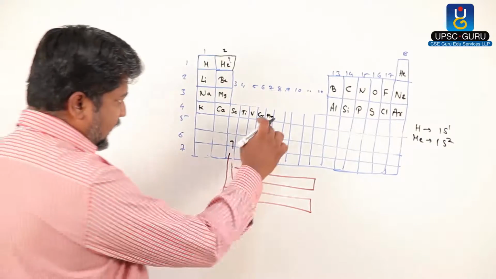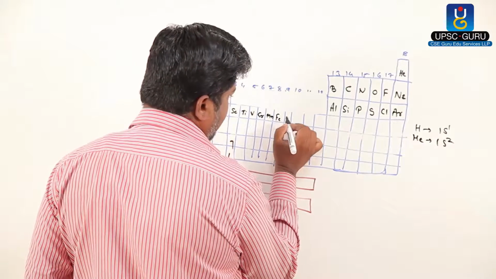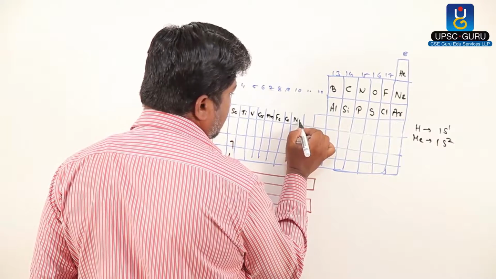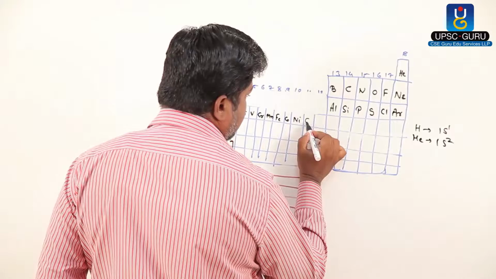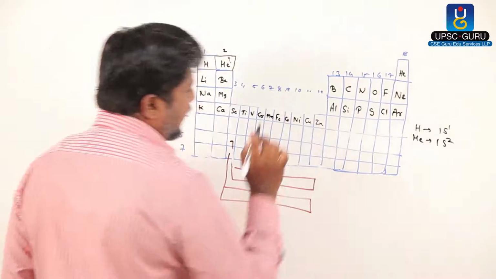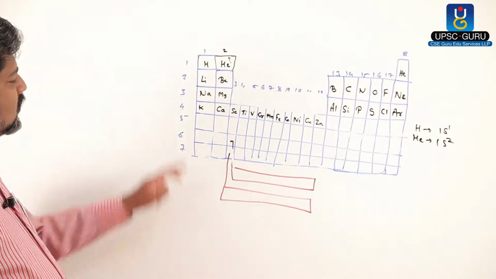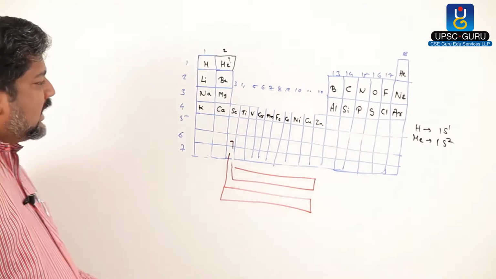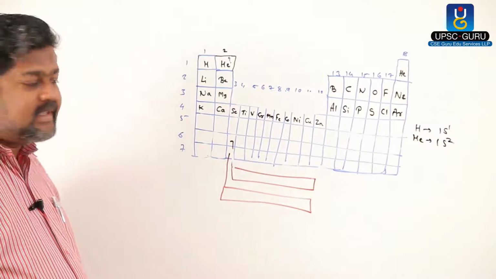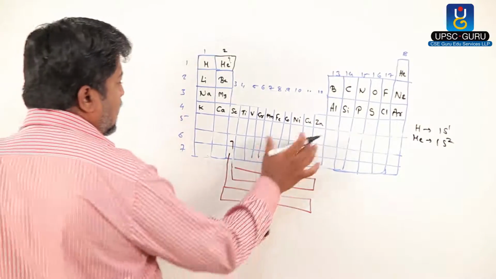So this is manganese, iron, cobalt, nickel, confusing elements, then copper and zinc. So like that these elements are there, as I explained, we have to keep these elements in the structure.